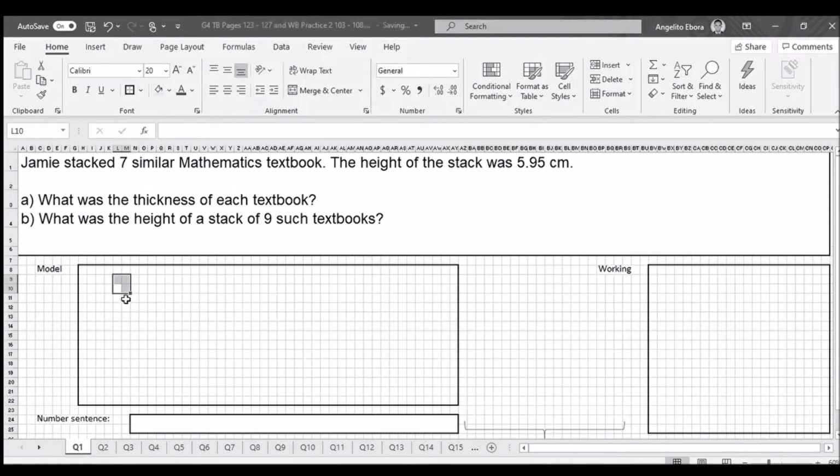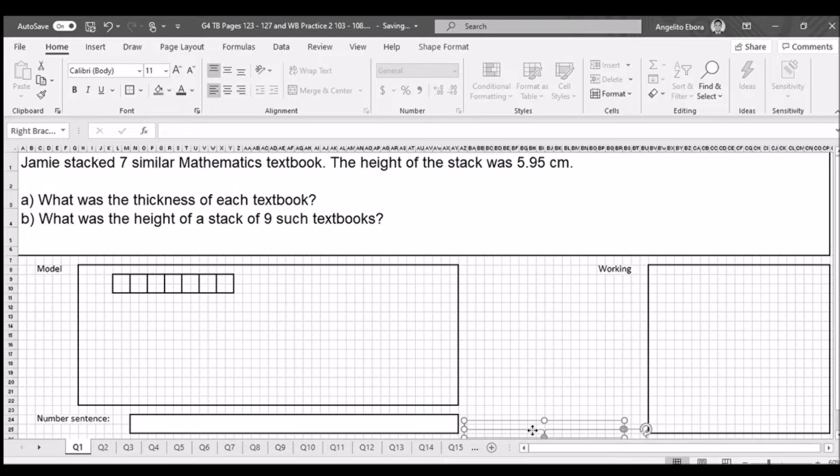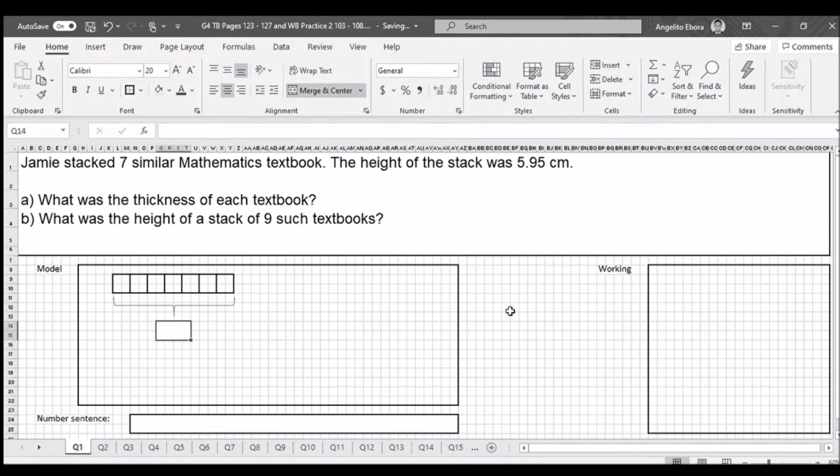It says seven, so we have one, two, three, four, five, six, seven. And the height of these seven similar textbooks was 5.95 centimeters.